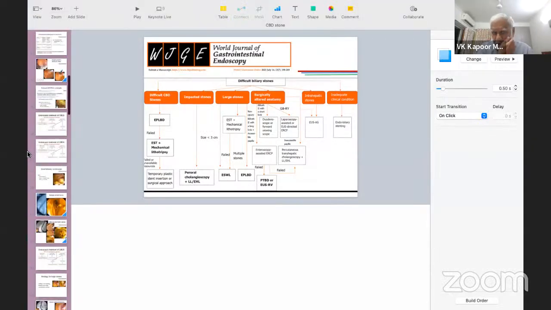Now, at least in our country, most centers, including some premier institutions, find the third option logistically very difficult, so let us keep that out for the time being. We basically have two options: pre-op endoscopic clearance followed by lab chole, and lab chole with lab CBD exploration.